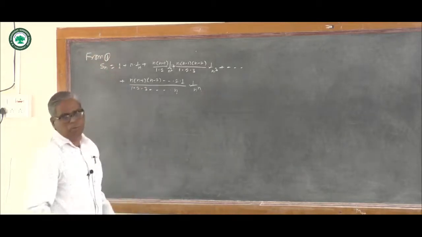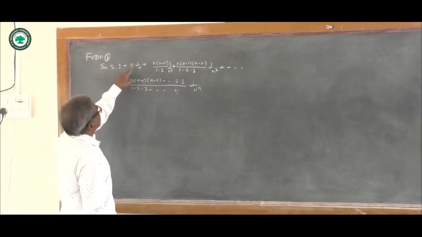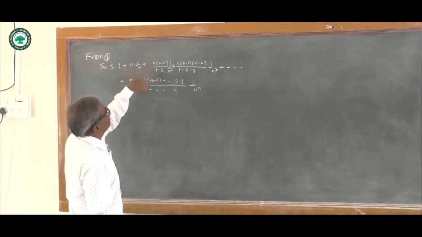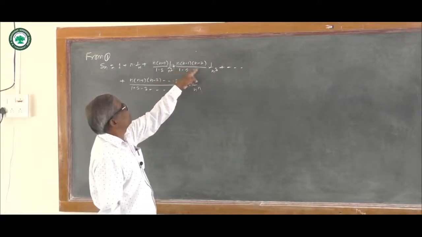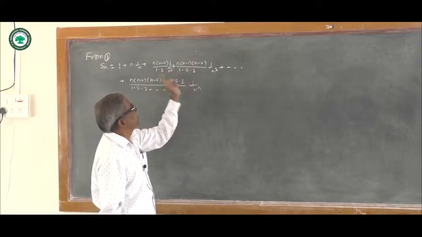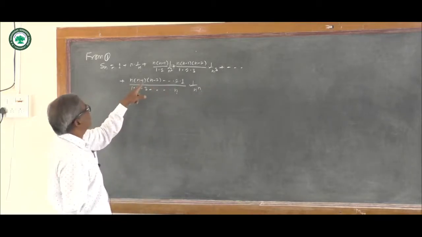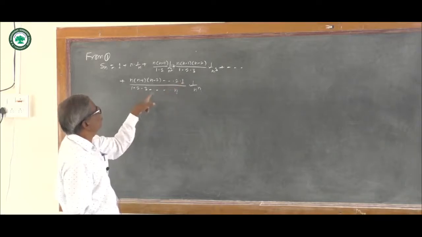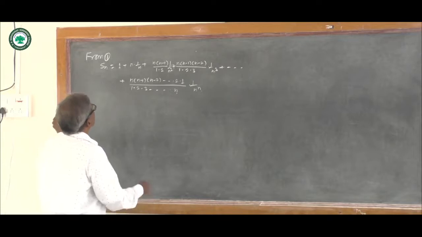From relation 1, Sn is equal to 1 plus n into 1 by n plus n into n minus 1 upon 1 into 2 into 1 by n square plus n into n minus 1 into n minus 2 upon 1 into 2 into 3 into 1 upon n raised to 3, plus and so on, up to n into 1 upon n raised to n.